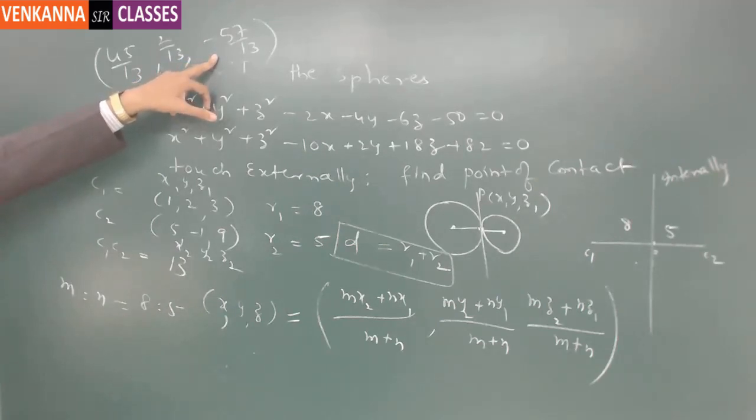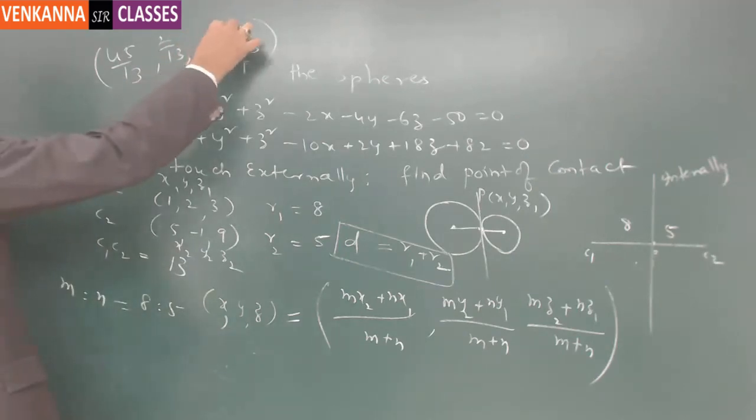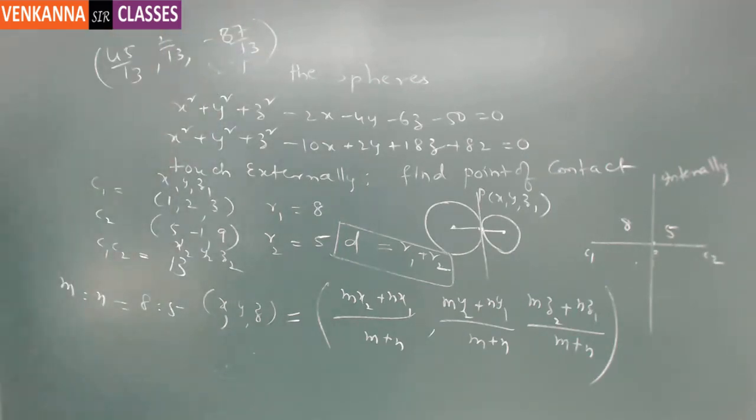So what is the value by the calculation? Is it minus 57/13 or something? Yeah, 87/13, right? Right. Done. All right. Then we take the other one.